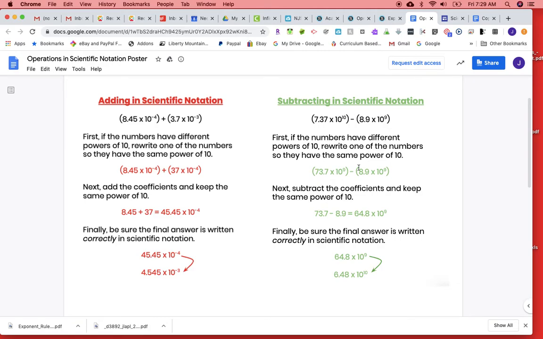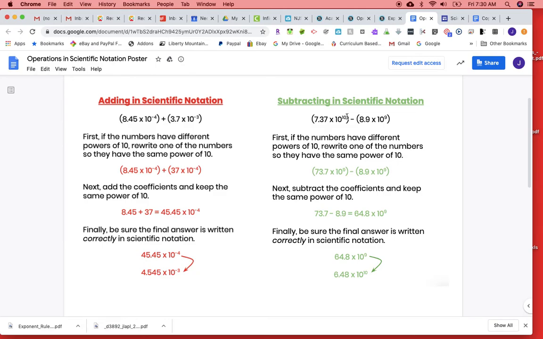And so in this choice, they wanted to convert the exponents of both to be 9. This one already had an exponent of 9, so they didn't touch this one. This one they decided to change. When we change a decimal from 10 to 9, we are subtracting.